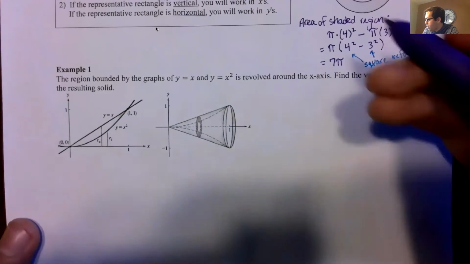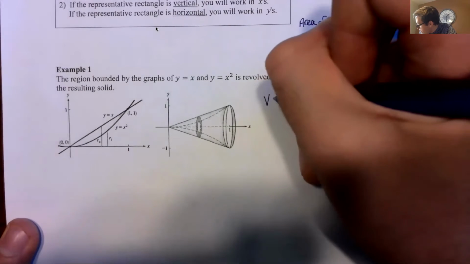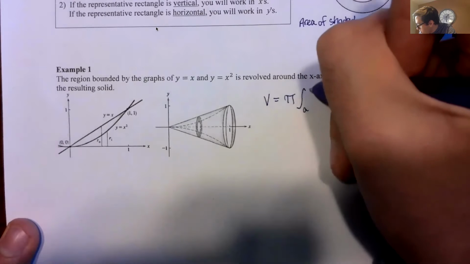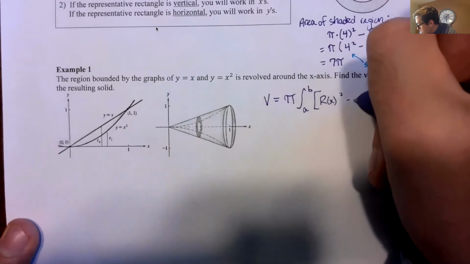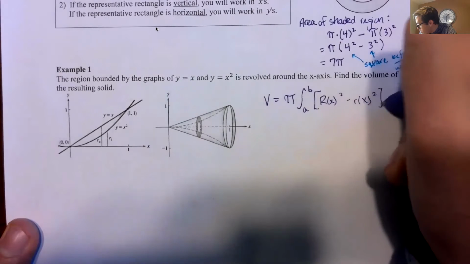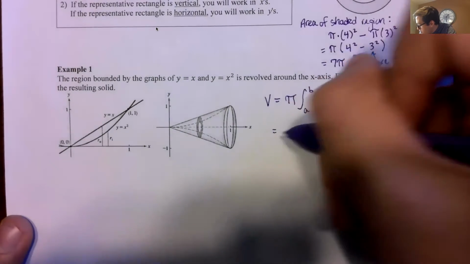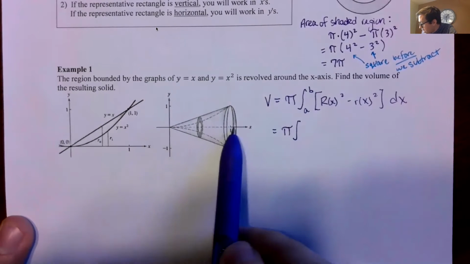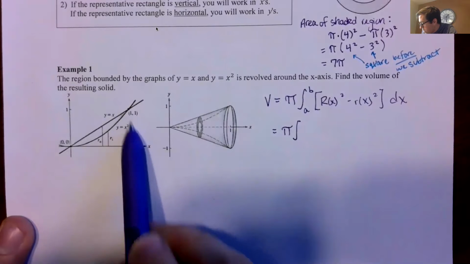We're going to use the formula from the top. So we're going to have the volume equals pi times the integral from a to b of some outer radius squared minus some inner radius squared dx. And so let's see what we got. We're going along our x-axis, and the intersection points are at 0 and at an x value of 1.